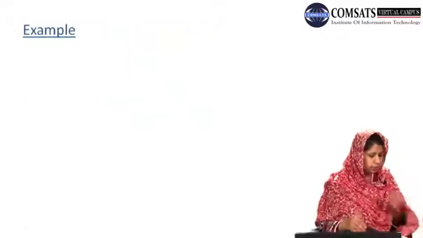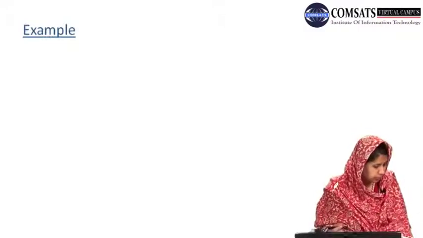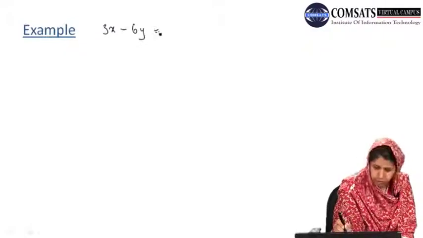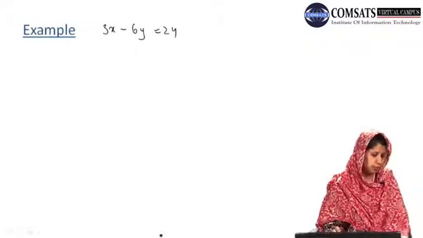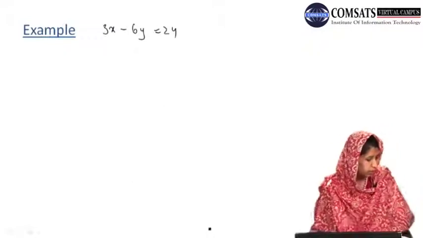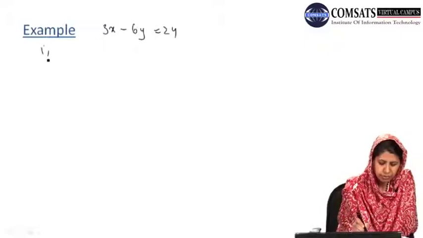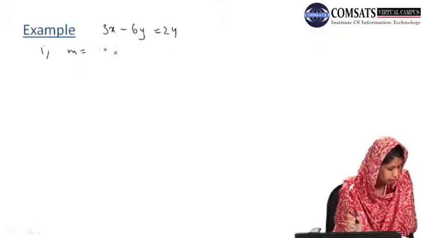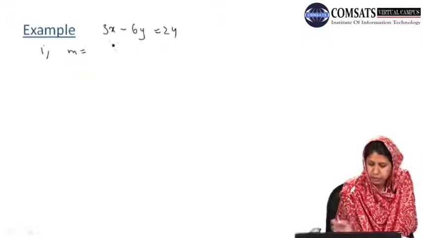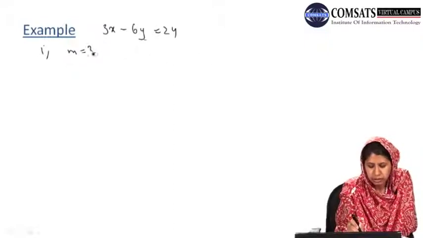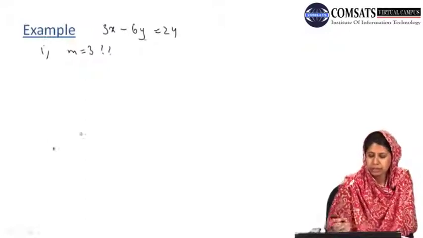Now we have one example from the book. We are given the equation of a line, 3x minus 6y is equal to 24, and we are asked for the slope m of the line represented by the given equation. Okay, so m is equal to what? 3? Okay, we put a question mark here.